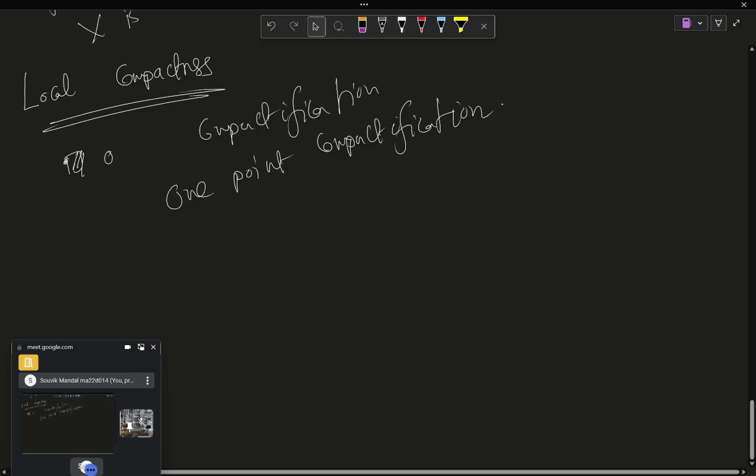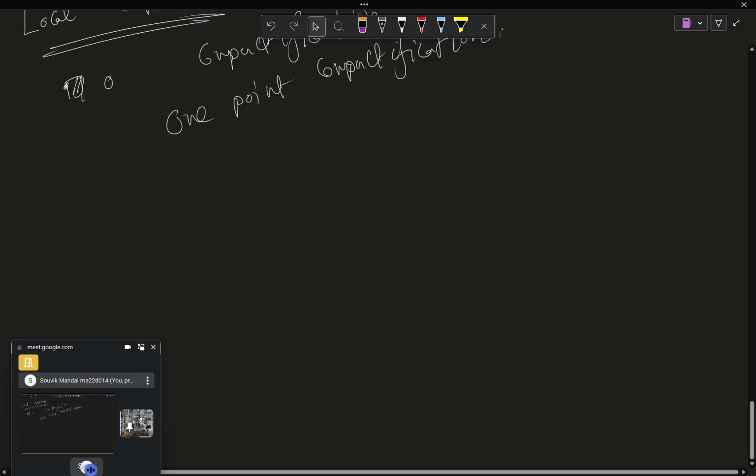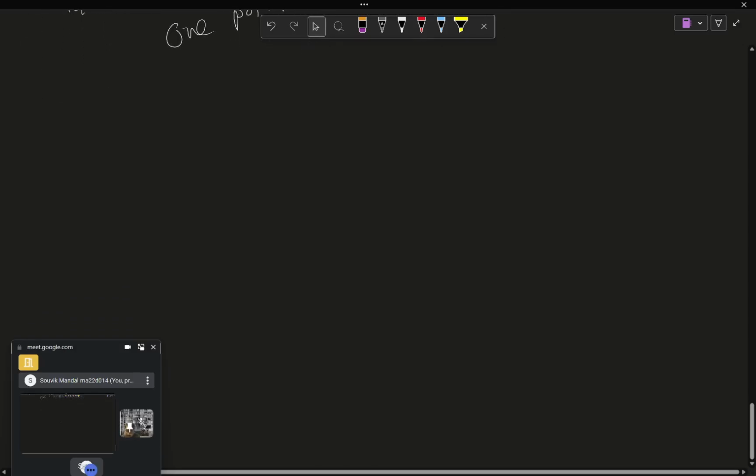I am not going to tell the definitions of this again. But the important fact is that compactification means the space can be made compact by adding only one point, if X is locally compact.